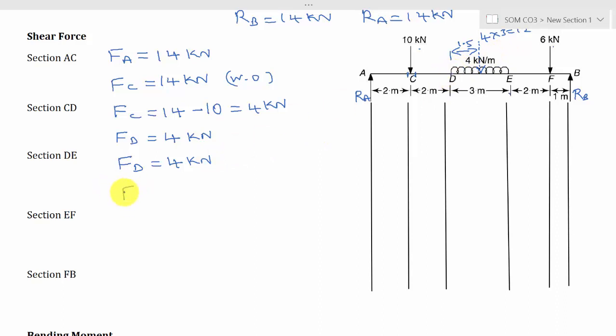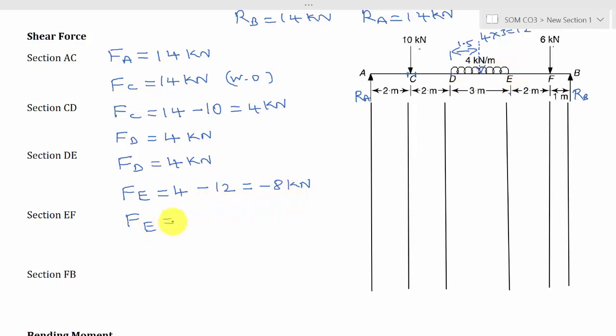Then FE: here a UDL is acting between D and E and its magnitude is 12. So it is 4 minus 12, which is equal to minus 8 kilonewton. This FE is just before E. When you consider section EF, there is no point load acting at section E, so there will be no change.